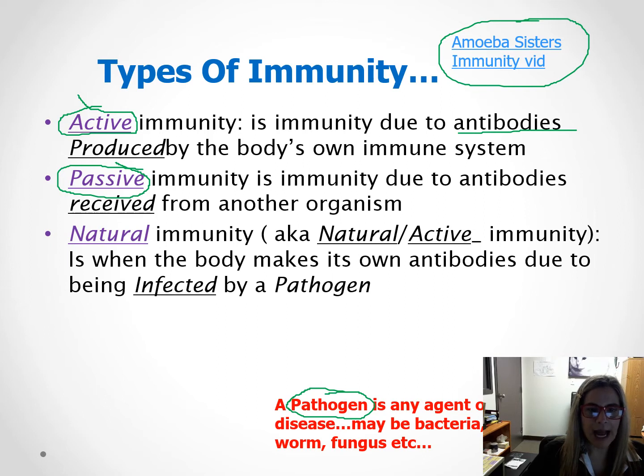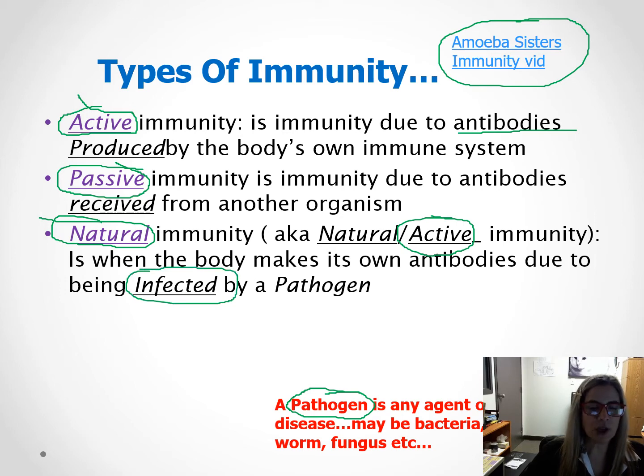Now, when we look at natural immunity, one thing that's important to think about is that this is also active. Okay, so that means that we're not getting antibodies from another organism. We are producing the antibodies ourselves. But natural means that this is because we have been exposed to a pathogen.